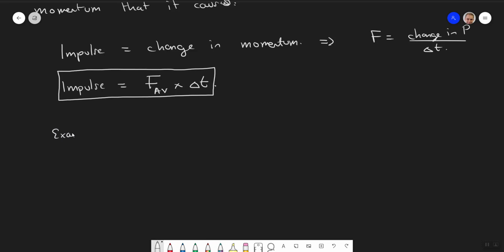An example. A person kicks a ball for 0.25 seconds.